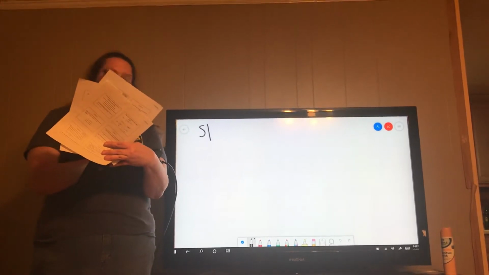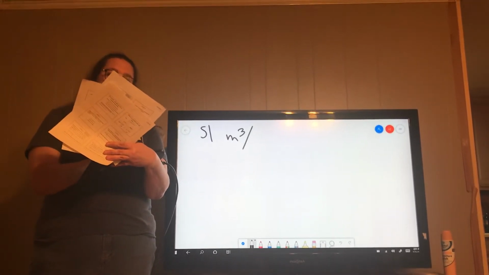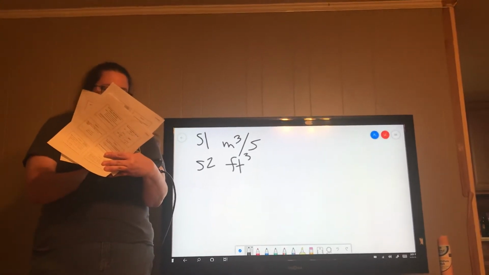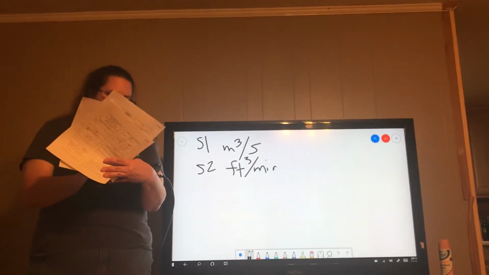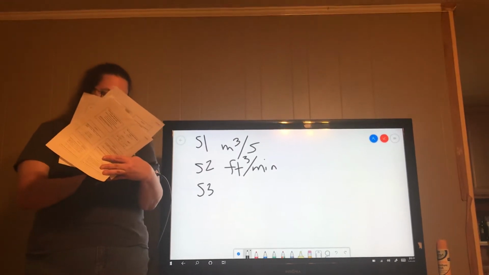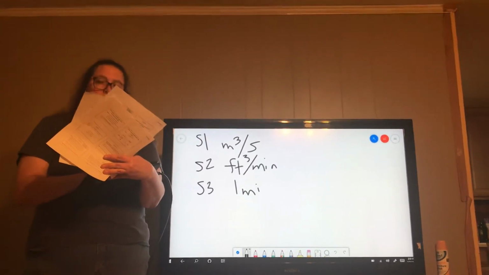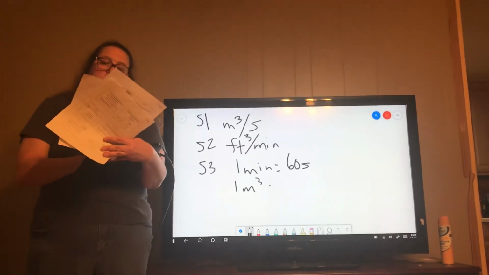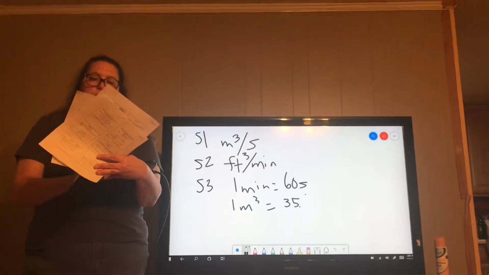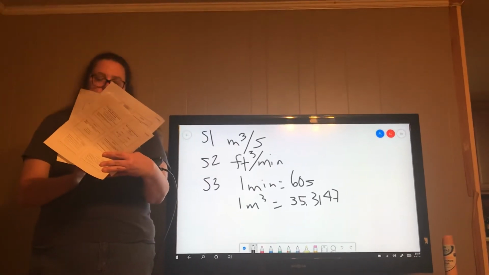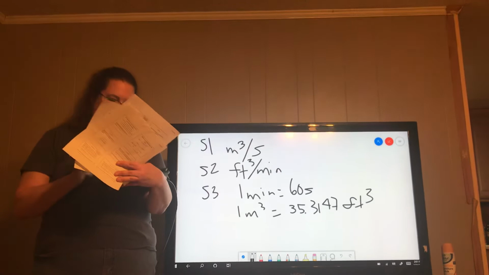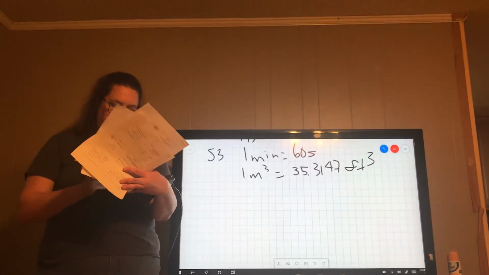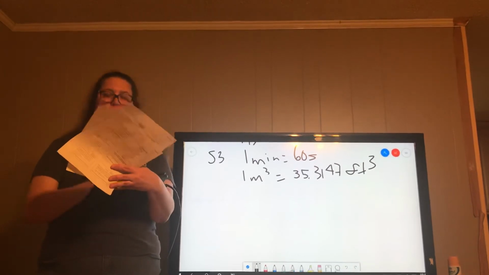Okay, so step 1, cubic meter per second. Step 2, I have cubic feet per minute. Step 3, I'm going to write my conversion factors. 1 minute equals 60 seconds. And then 1 cubic meter equals 35.3147 cubic feet. So, when I'm writing this out, those are the conversion factors that I'm using.